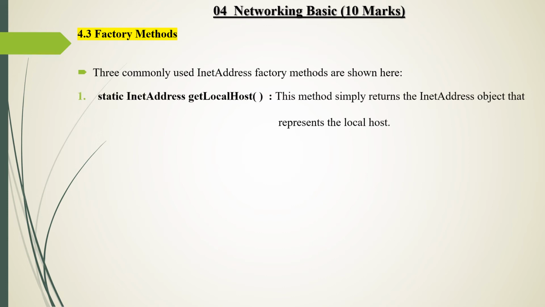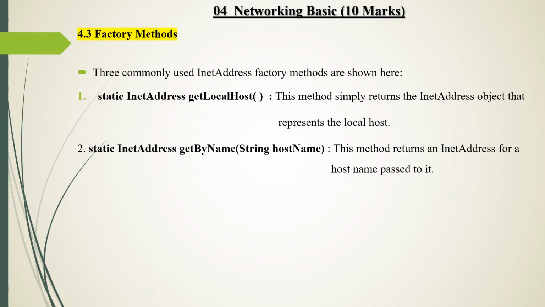First method is getLocalHost, whose return type is InetAddress, and this method is static. It simply returns the InetAddress object that represents the localhost. Next method is getByName, which has one parameter, a string host name. It also returns an InetAddress object, for the host name passed to it.